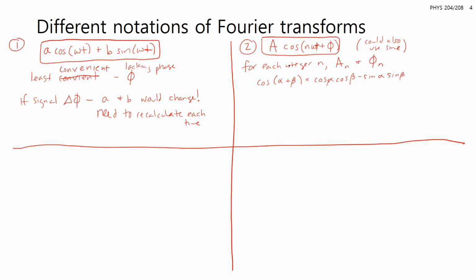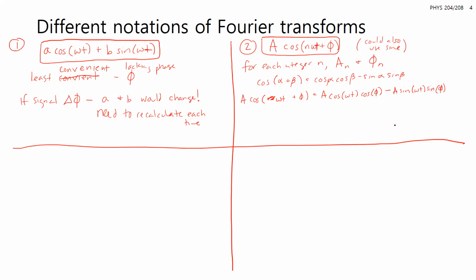So if we take our expression up here, capital A times cosine of omega t plus phi is going to be the amplitude, which we can pull out, times cosine omega t times cosine phi, minus the amplitude times sine omega t times sine of phi.